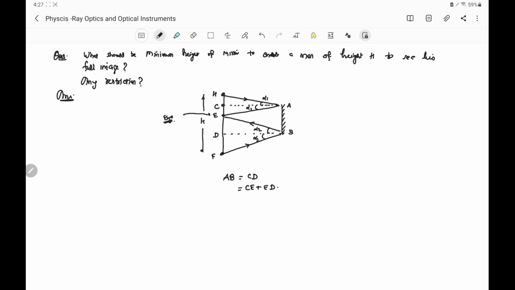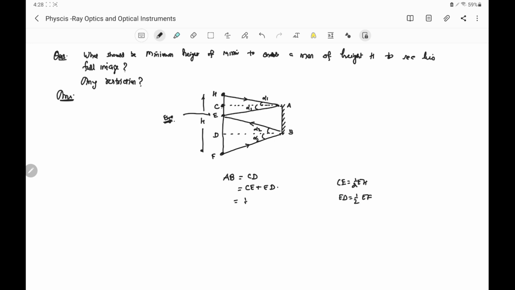This CE is the midpoint of HE because the perpendicular at C from A makes angle alpha 1. Therefore, CE is equal to half of EH, and ED is equal to half of EF.